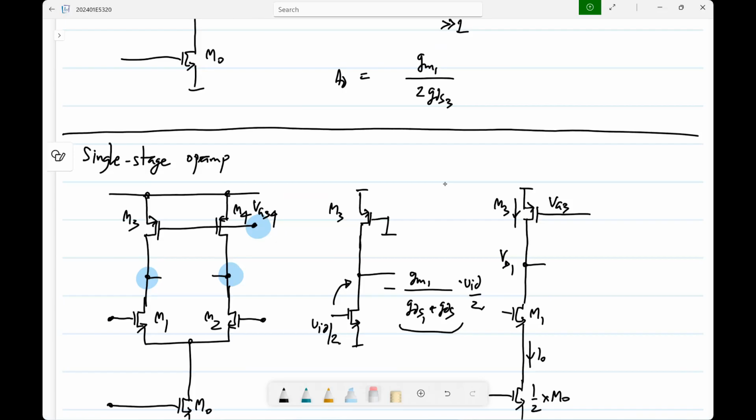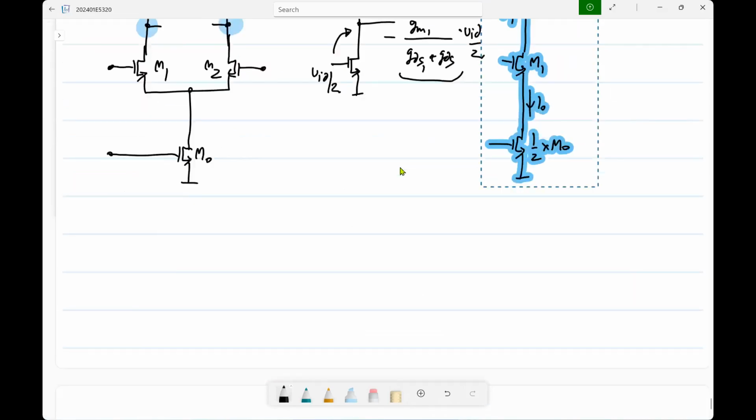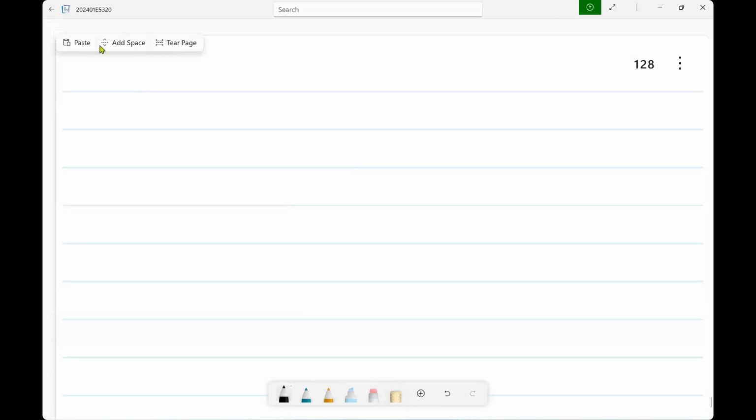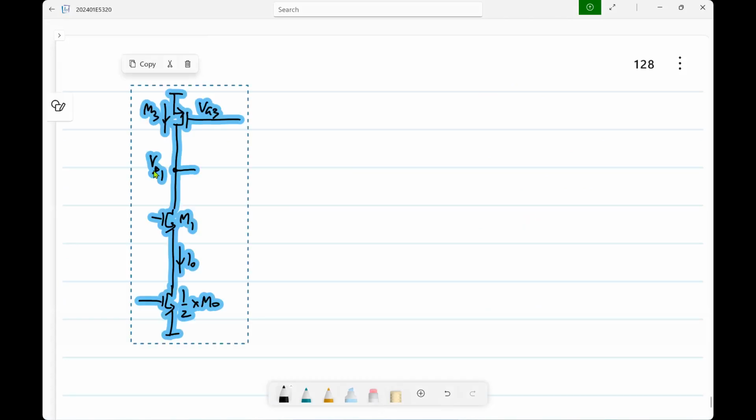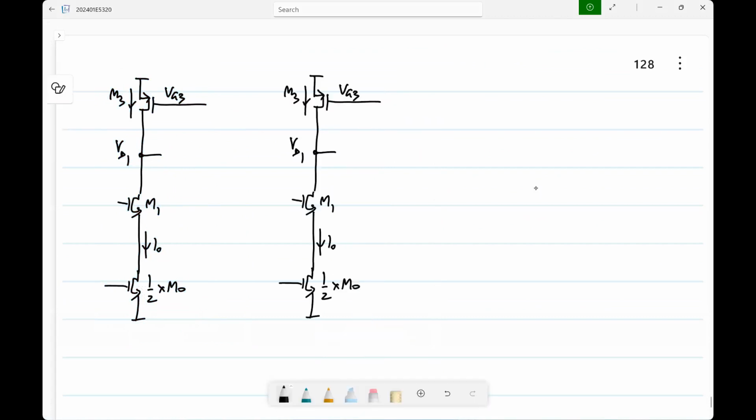So specific realizations. So many possibilities, right? The simplest thing may be just like biasing. You think of now just biasing M3 at the right current.